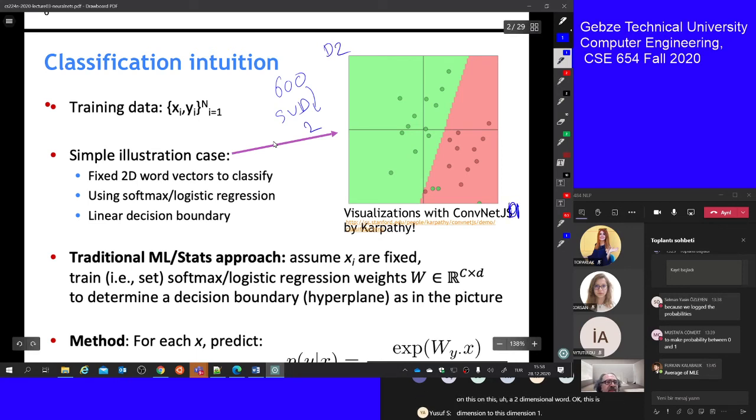These green crosses or dots are positive sentences, and these red crosses or dots are negative sentences.